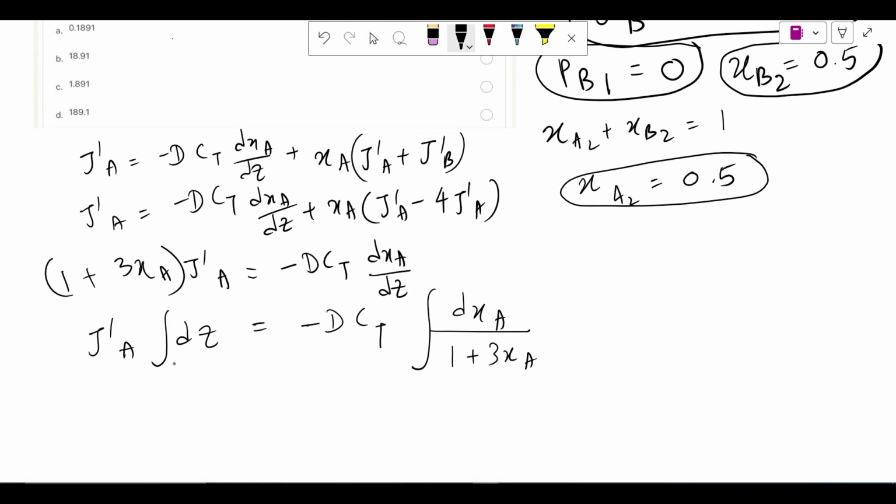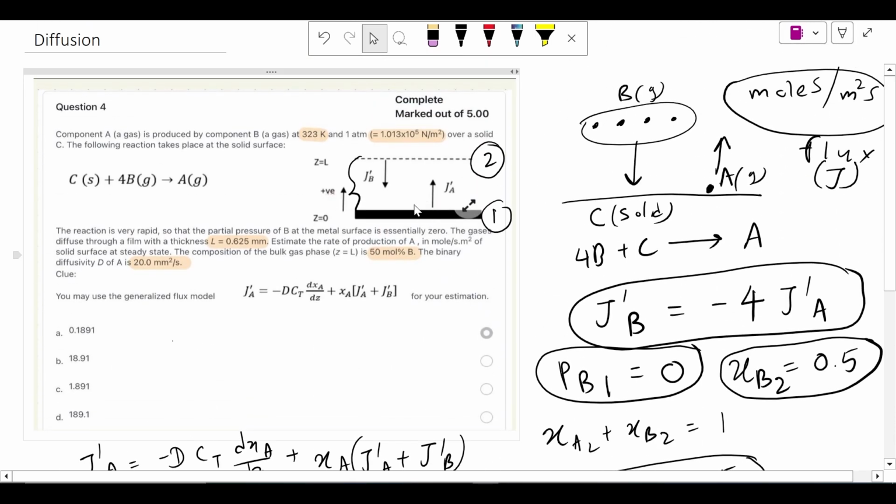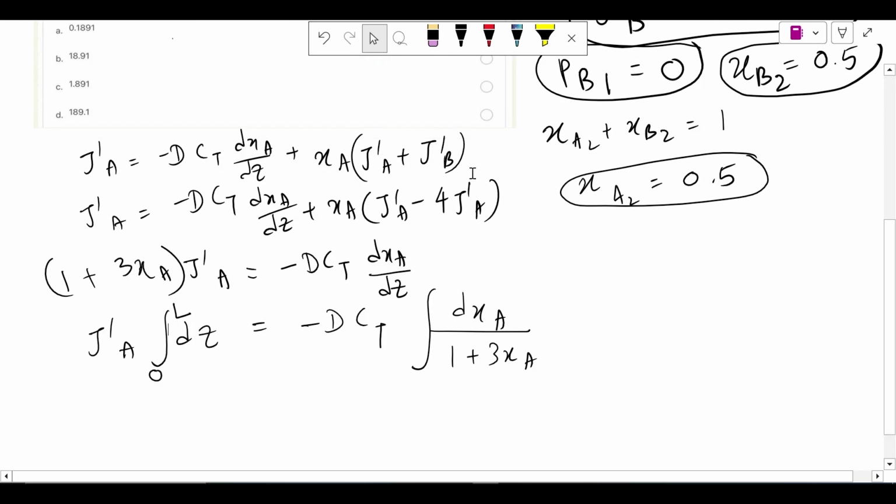This is the limit, 0 to L, and the mole fraction from 1 to 2, from the metal surface to the bulk gas phase. 1 to 2 means XA1 to XA2, right?